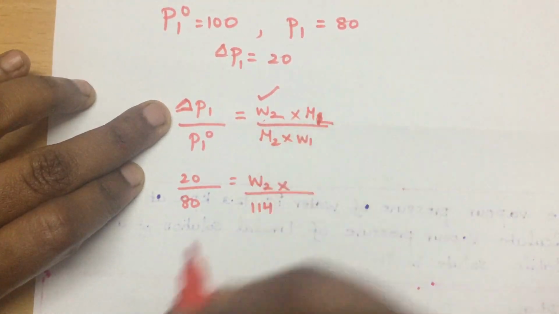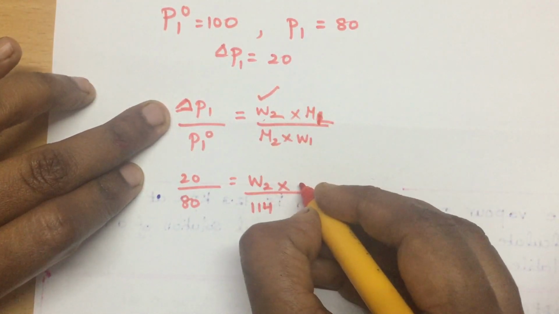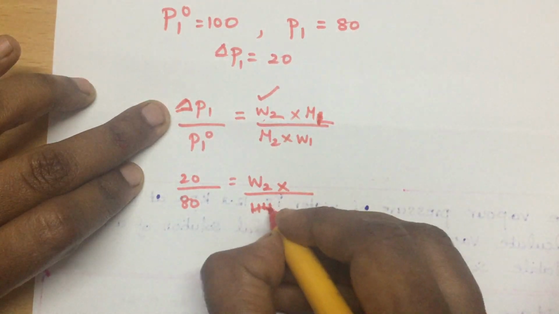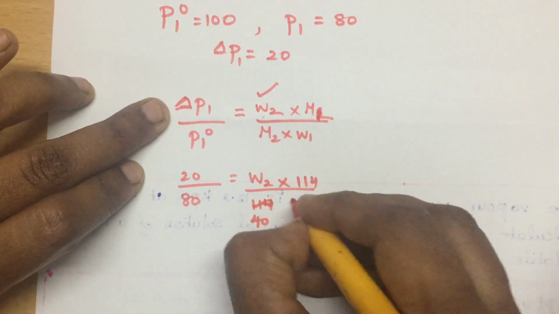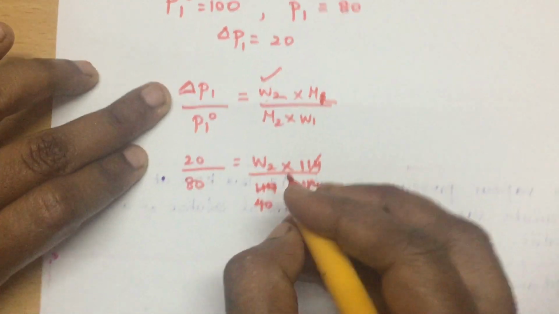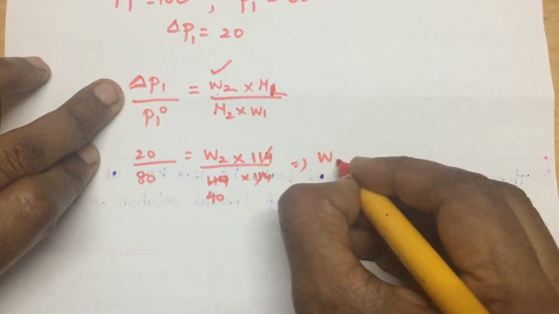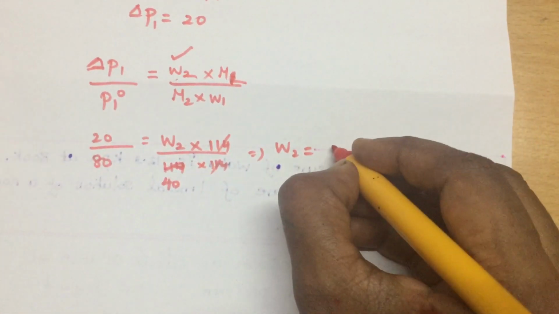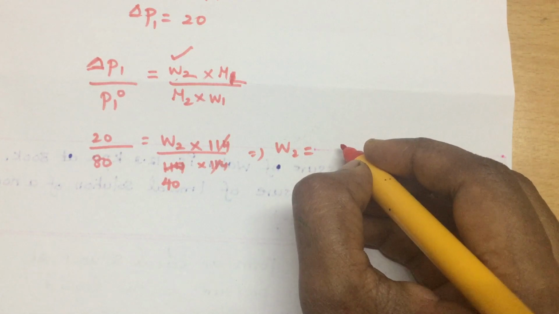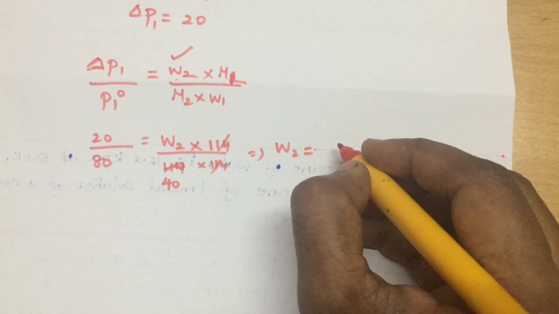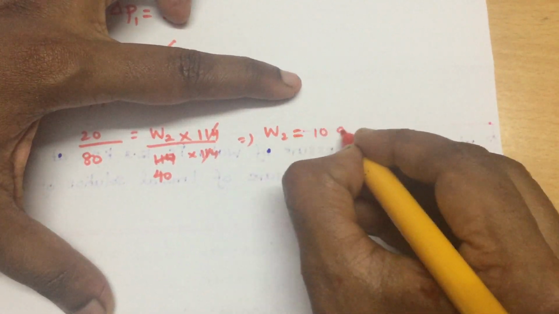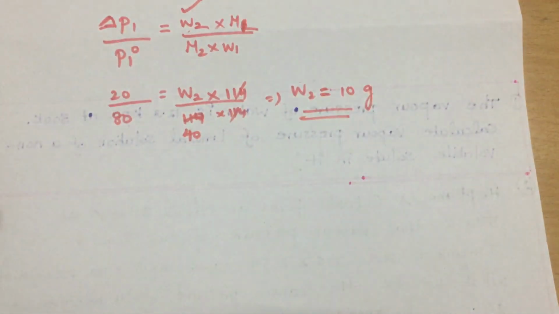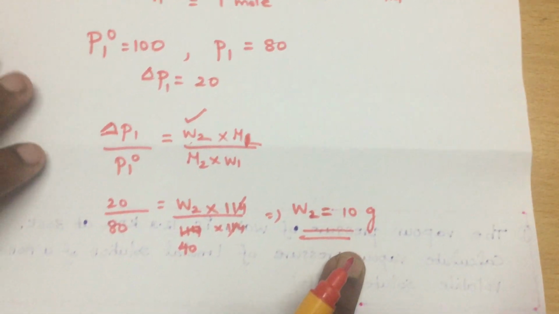And what is the molecular weight of octane? Sorry, this is not 140, this is 40 and this is 114. This 114 cancels. So if you work it all out, W2 will come around 10 grams. So 10 grams of non-volatile solute you have to add.